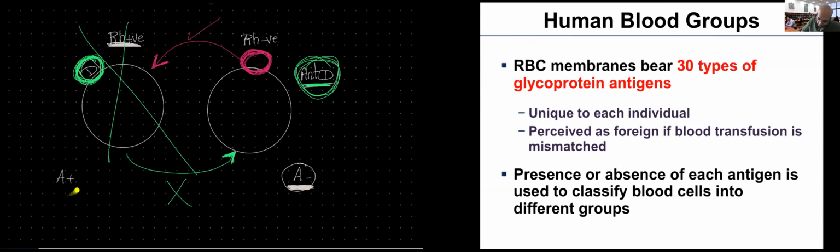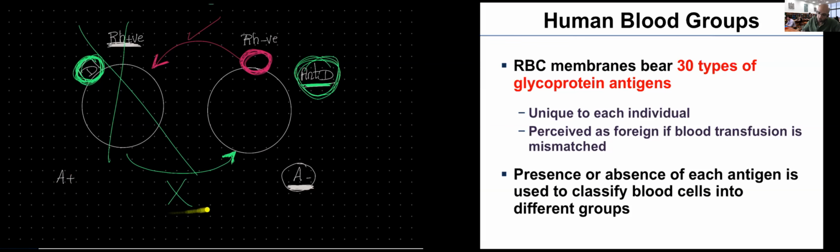Would you give Rh positive to a person who is Rh negative if he is about to die and you don't have access to any other blood? What would you do? Yes, it will pass only for one time. This blood will save this patient, but this patient is going to build a lifelong immunological memory against Rh positive.